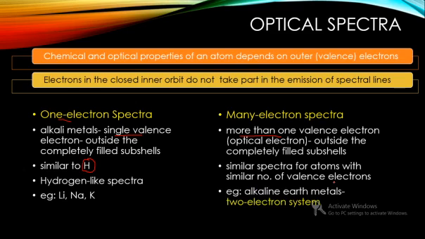Here an example is given for the second group elements, called alkaline earth metals: magnesium, calcium, and so on. They have 2 electrons as the valence electrons, so the spectrum will be called a 2 electron system. They will have similar spectra.